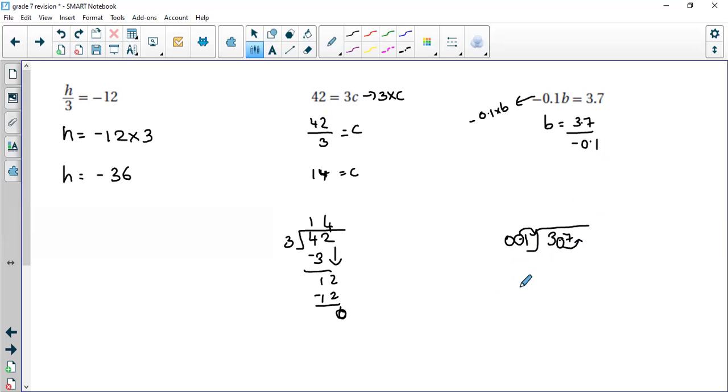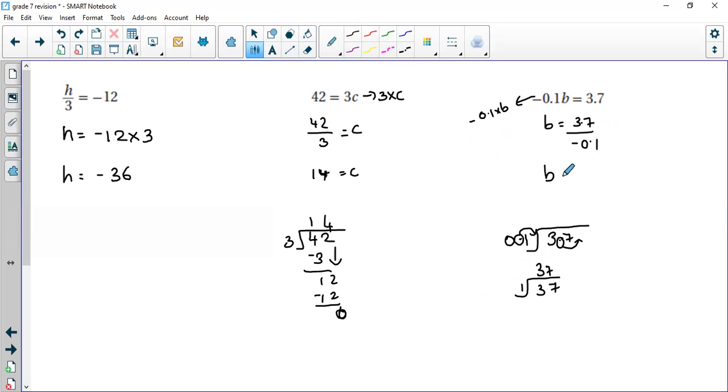So what is that leaving us with? That will leave us with 37 divided by 1. So 37 divided by 1 will give us 37. b equals 37. Here itself you can do, but then don't forget the negative sign, okay? Because the negative sign is very important. Let me write it again so that you will not be confused.